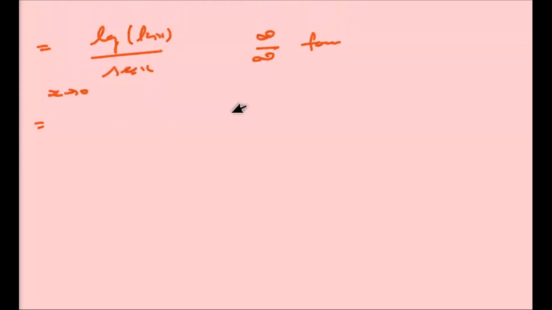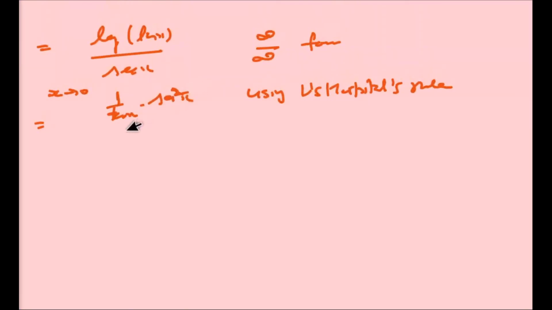Okay, now using L'Hospital's rule, we got (1 upon tan x into sec square x) upon (sec x tan x).